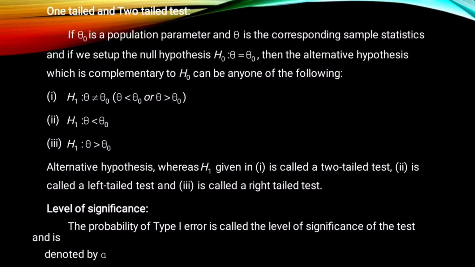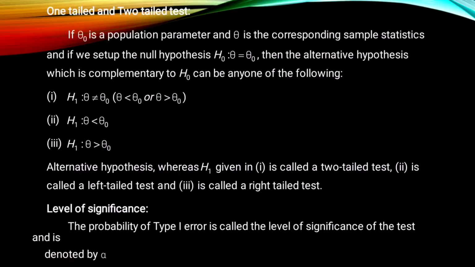One-tailed and two-tailed test. If theta naught is a population parameter and theta is a corresponding sample statistic, and if we set up the null hypothesis H naught as theta equal to theta naught, then the alternative hypothesis, which is complementary to H naught, can be chosen in the following way. First one, H1 is theta not equal to theta naught.